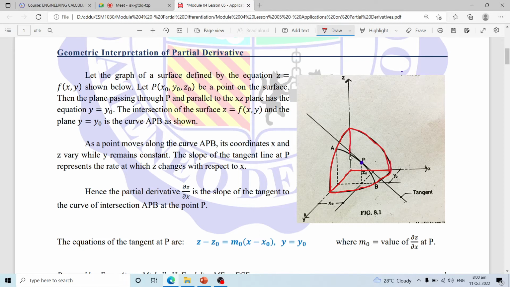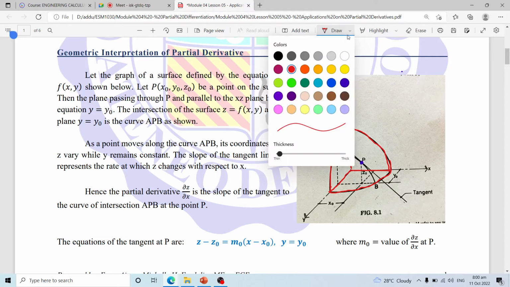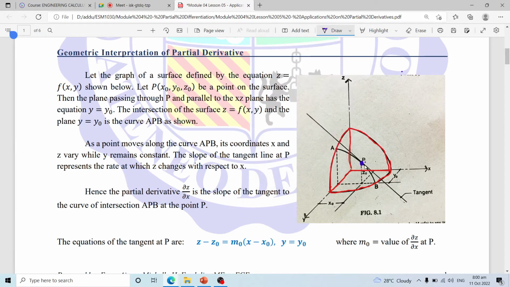So, ito yung buong surface natin. Okay. And then, we have at point P. Okay? Sabi niya, at point P, nagkuha siya ng tangent line. Yan. So, ang plane passing through P and parallel to the xy plane, no? It's this one, it's the line. Has the equation y is equal to y sub o. And then yung intersection daw of the surface z and the plane y is equal to y sub o is the curve APB.